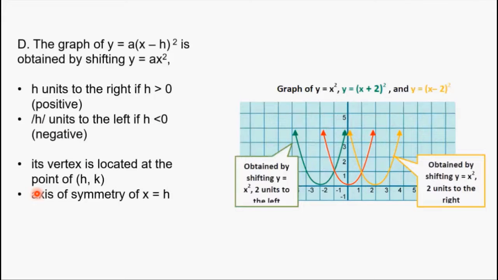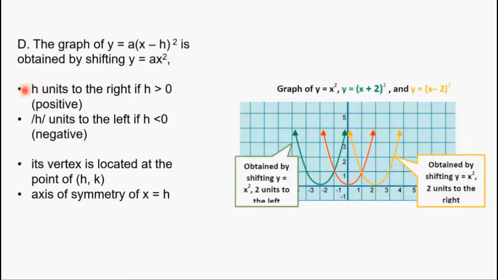Take note that in the graph of y is equal to a times the square of x minus h, its vertex is located at the point of h, k, and the axis of symmetry is x is equal to h. So, ibig sabihin yan, malalaman natin ang pag-shift ng ating parabola from left to right kung titingnan natin yung value ng h.